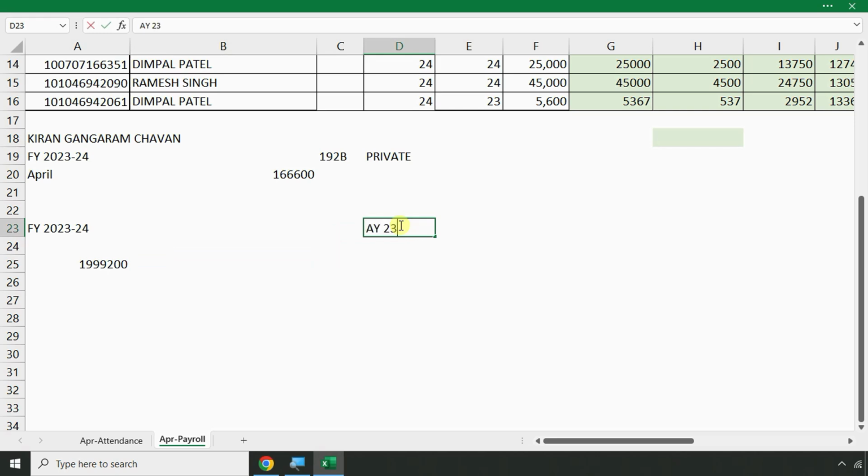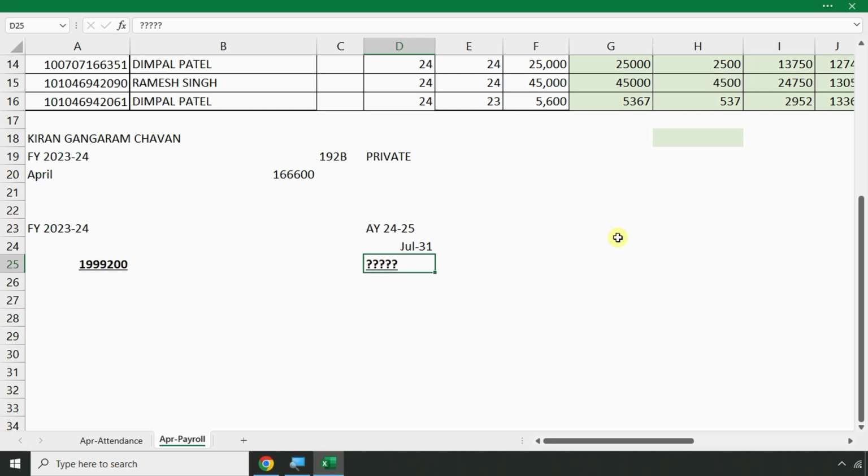In the next assessment year 24-25, by July 31st he needs to file the returns. On this income he should pay taxes next year. But whether he files and pays taxes to the government or not is not certain. The government doesn't trust that an employee who received salary in the financial year will pay taxes in the assessment year.